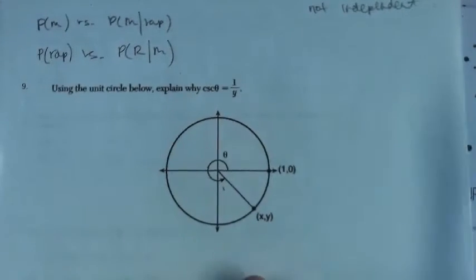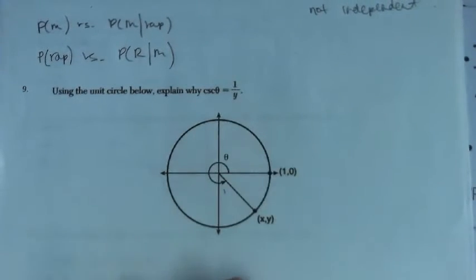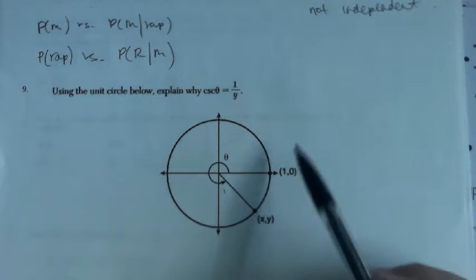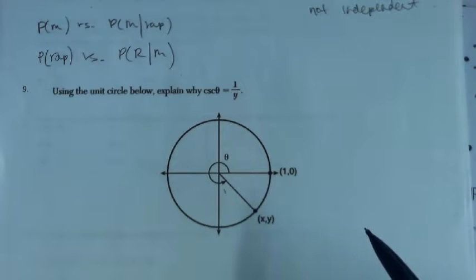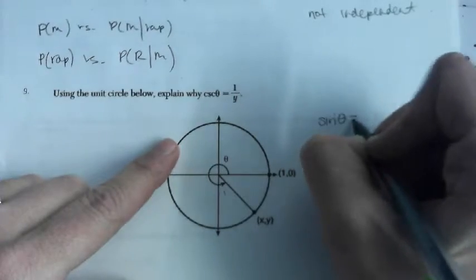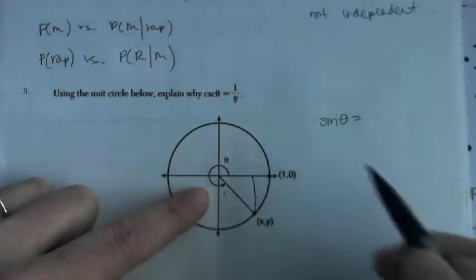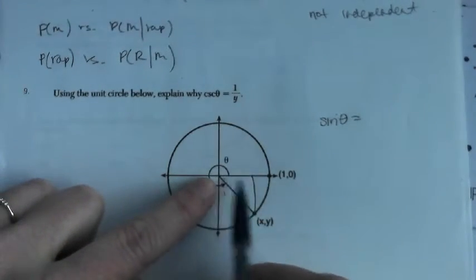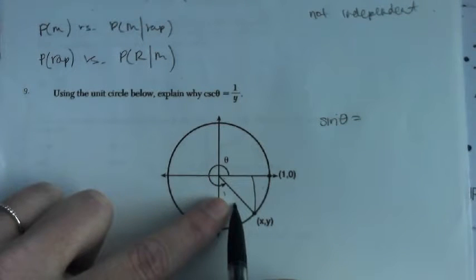I'm just going to go over this one really quickly because it didn't go well. It went well for some people, but this was a kind of a spiral type question. Why is the cosecant equal to 1 over y? Well, the first thing you'd have to say was, cosecant is the reciprocal of what? Sine. So the first thing you would want to say is the sine of theta, and based on SOHCAHTOA, sine is opposite over hypotenuse.